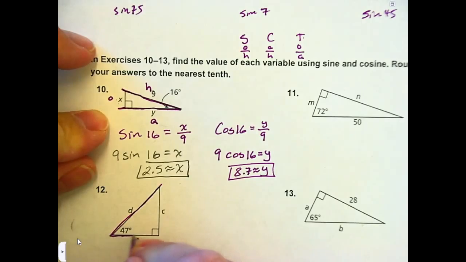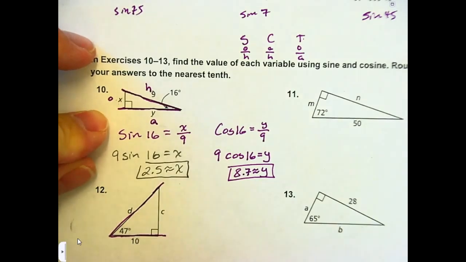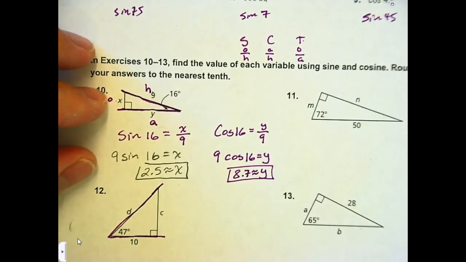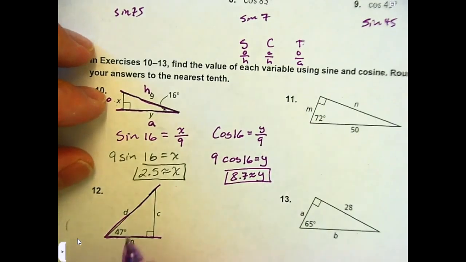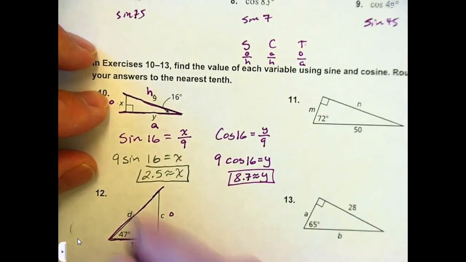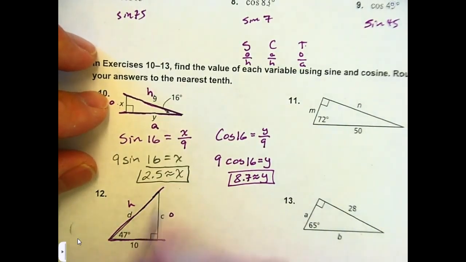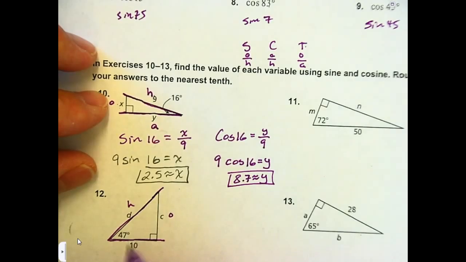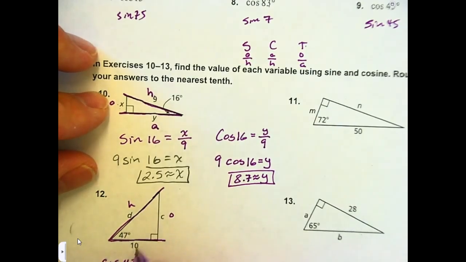Now I will tell you that sometimes, if I'm being asked to use sine here, it's tough if I look at this and I say opposite and hypotenuse, and I can't actually use sine right now. So I'd have to use cosine. There's my adjacent. So I could say the cosine of 47 is equal to the adjacent over the hypotenuse, which is 10 over d.